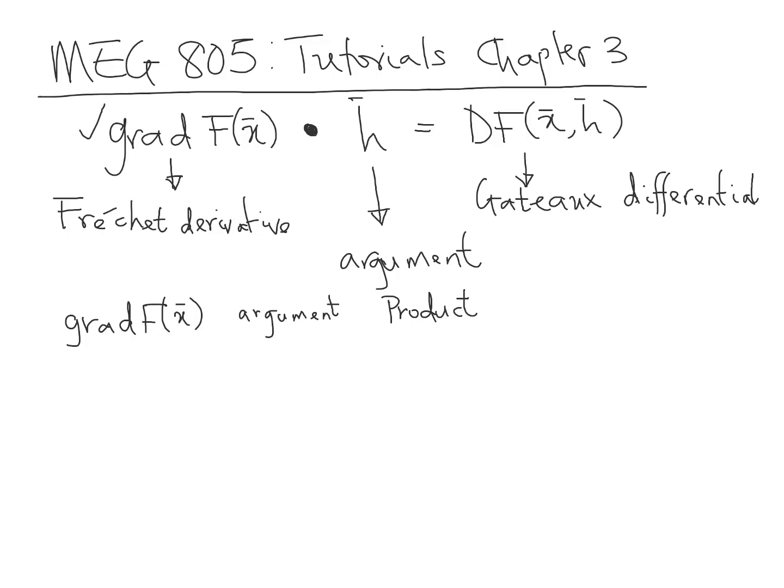I just use that big dot to represent the product between the two terms. Depending on what the terms are, that is what is going to define what the product is. So we have the product, we have the function itself, and we now have the Gateau-Frechet relationship.